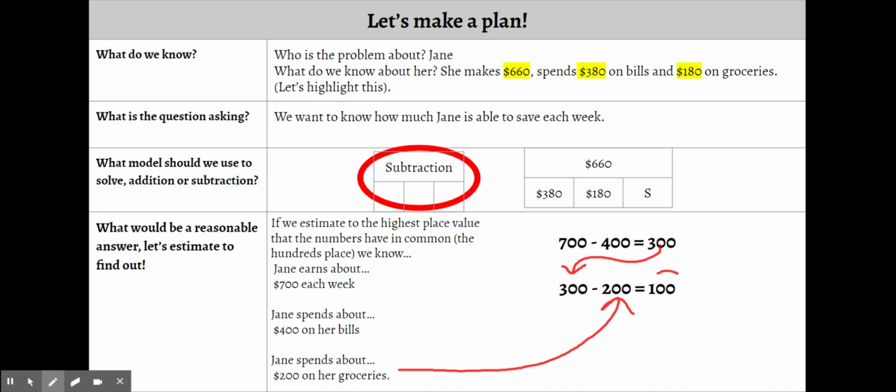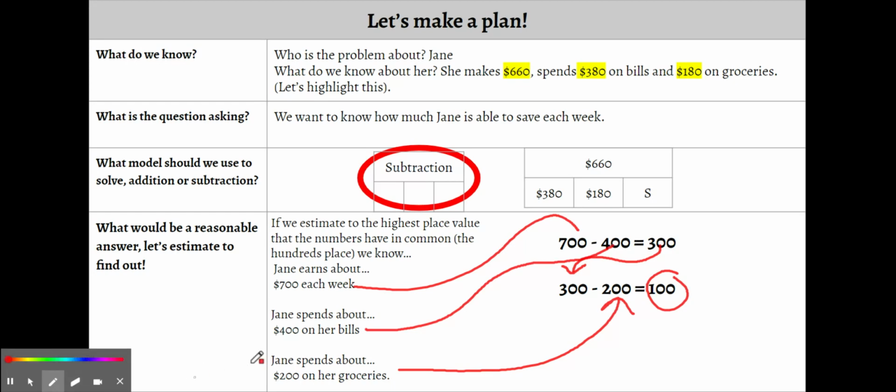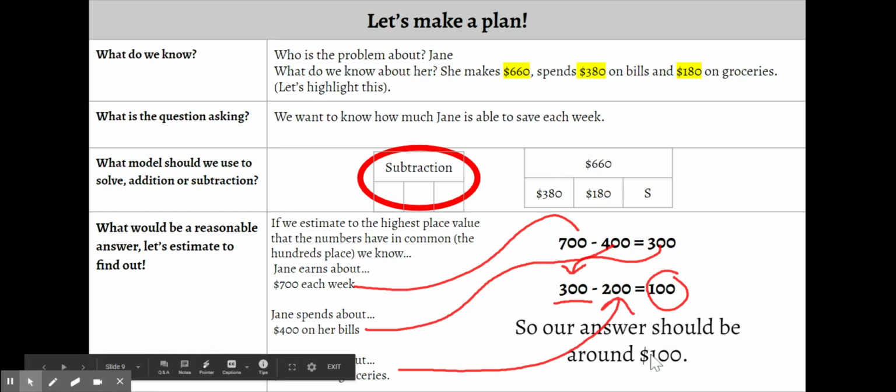And we end up with $100. So remember one more time, we got the 700 that we estimated, we got the 400 that we estimated, we move the 300 over here, and then we took away our 200 that we estimated for her groceries. So our answer should be somewhere close to $100. It should be around $100.